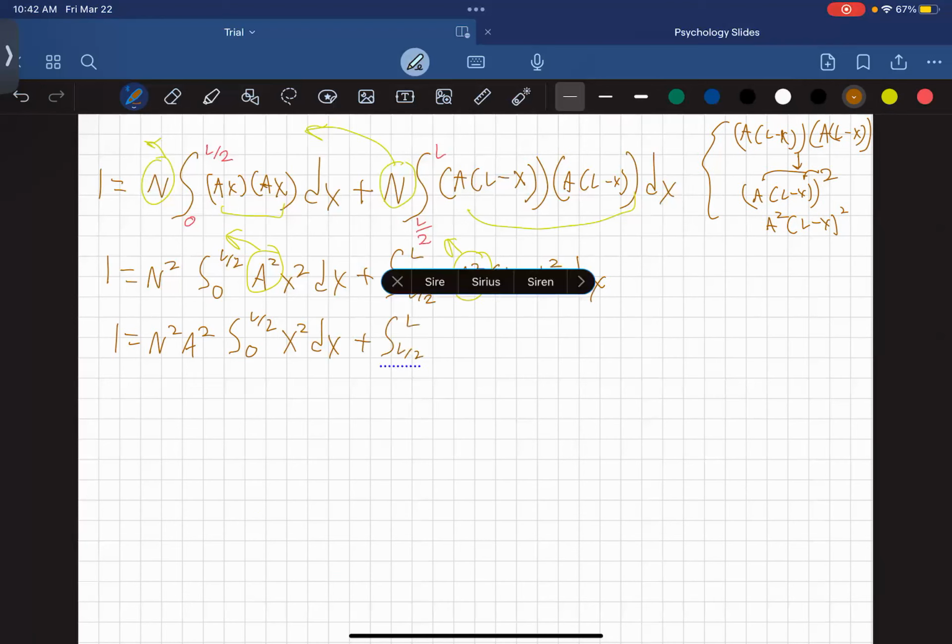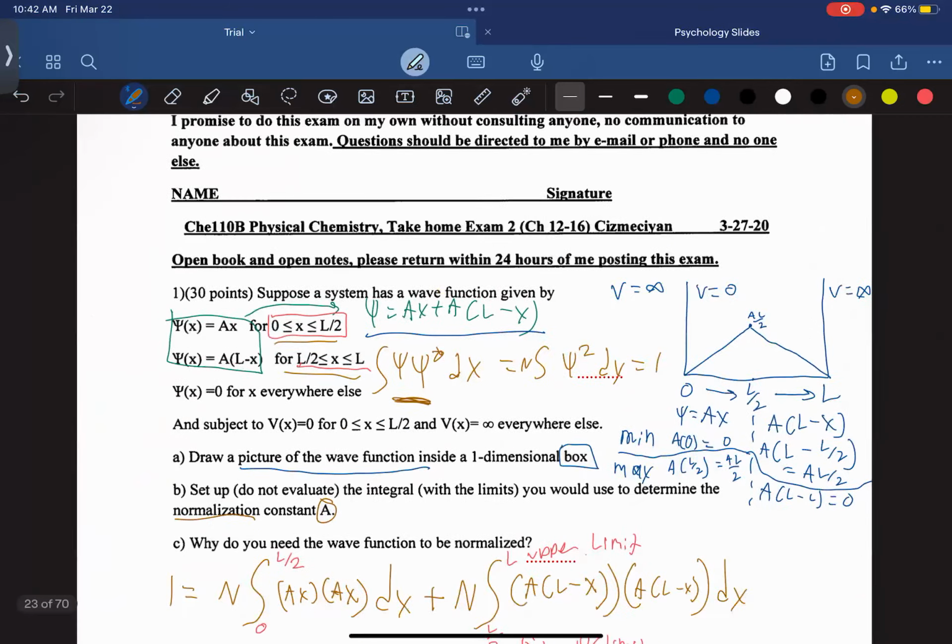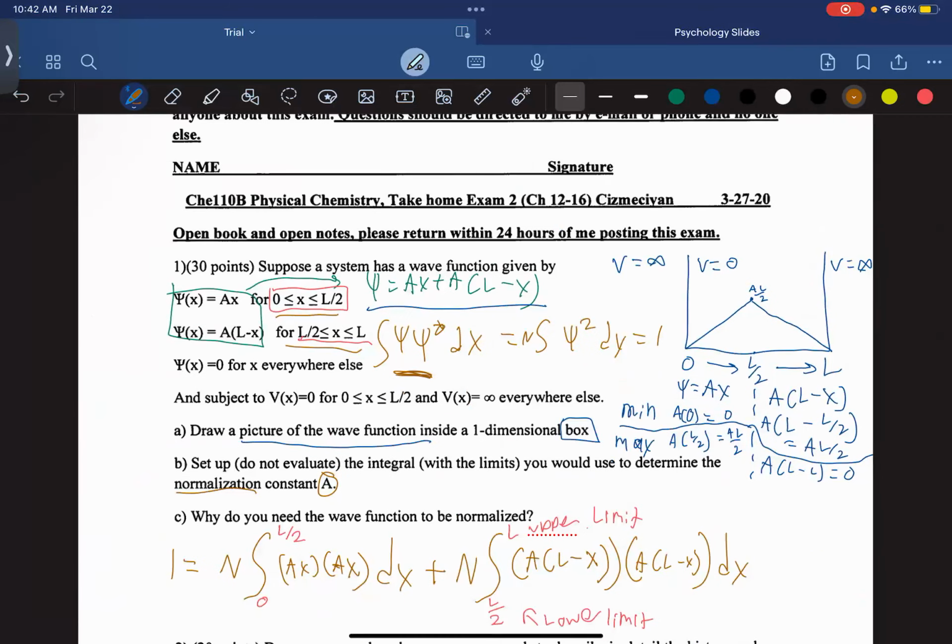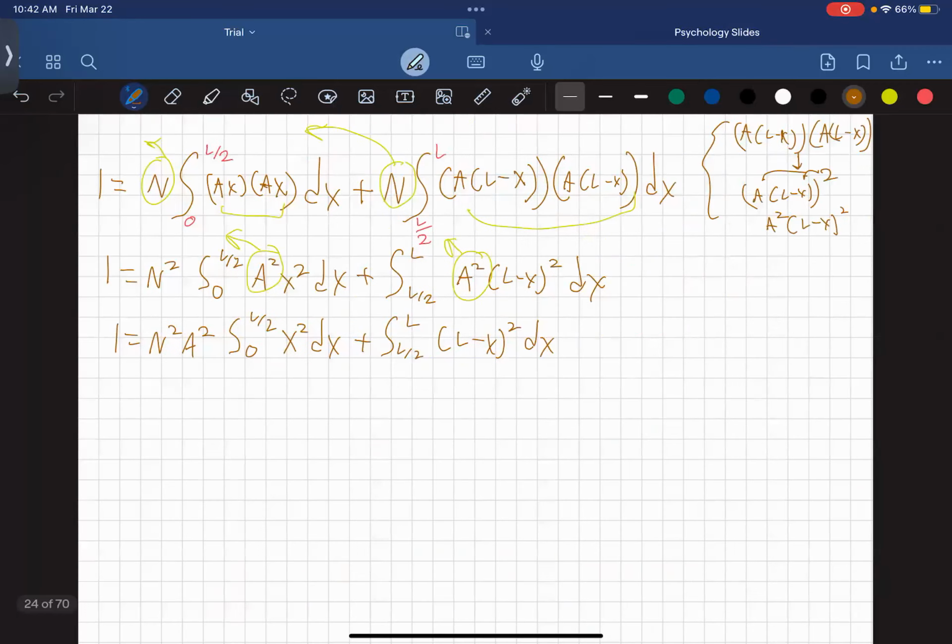It's not going to lose you a ton of points, granted, but it's still nice to not lose points if you don't need to. dx. And then from here, I'd honestly leave it because anything further and you'd be trying to integrate it. And I think she said, do not evaluate the integral. So yeah, I'd probably leave it there.